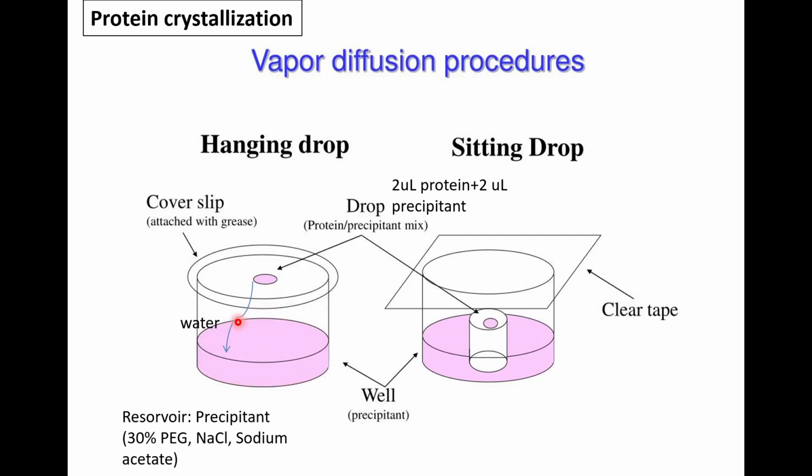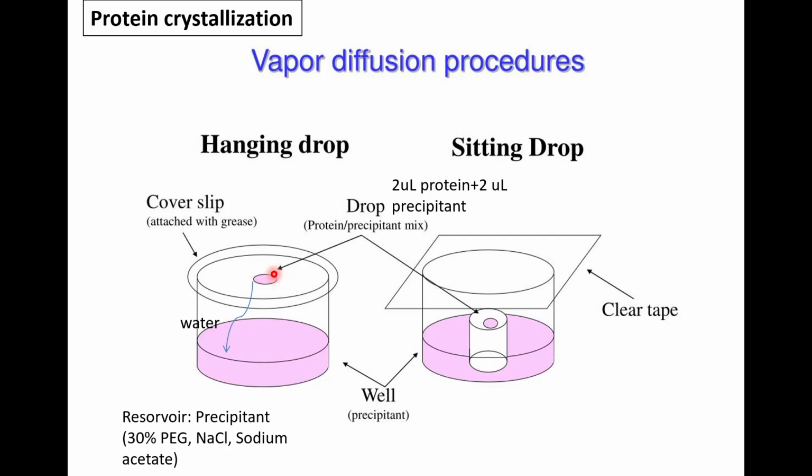But the drop that you see on the cover slip is your protein with a little bit of precipitant solution, and the water content here is very high.